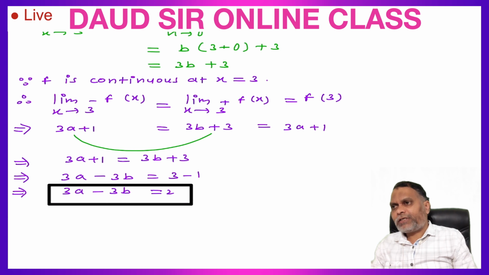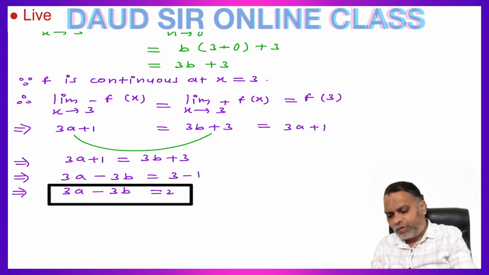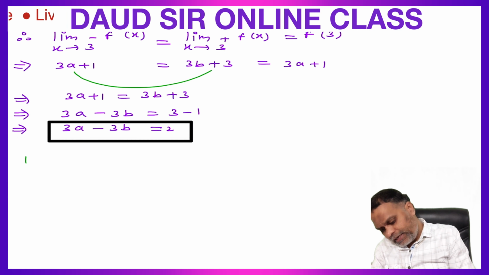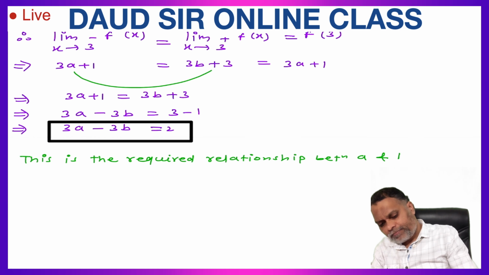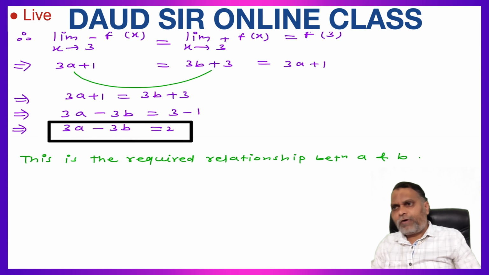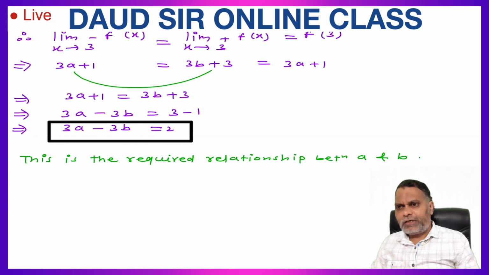So this is the required relationship between a and b, 3a minus 3b is equal to 2, for which the given function is continuous.